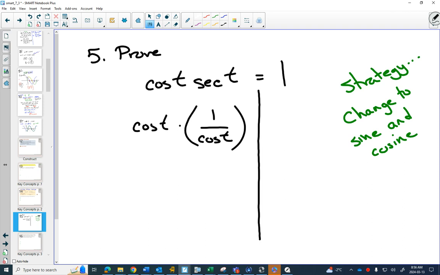Since secant is equal to 1 over cos t, and this is really over 1, can you see that we can simplify those fractions? Because if you have a factor that's identical on the top and the bottom, they'll simplify. And this just becomes 1, and our puzzle is complete. We have made the left side equal to the right side.